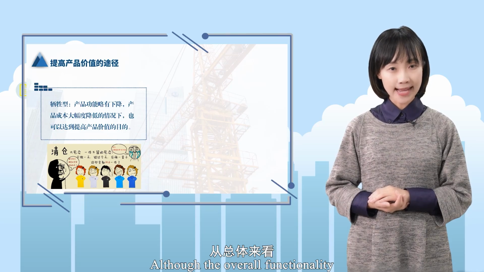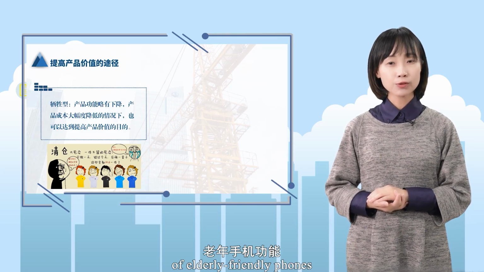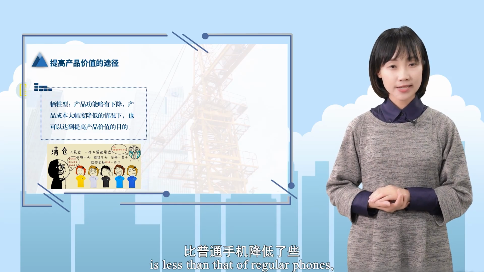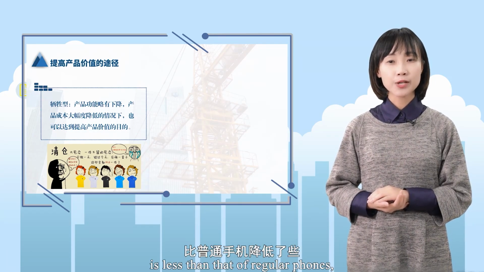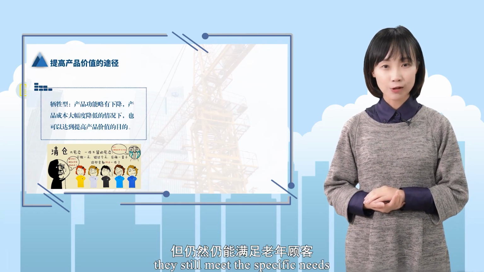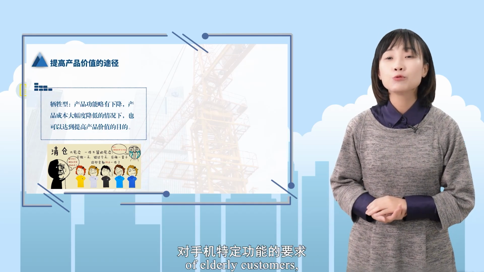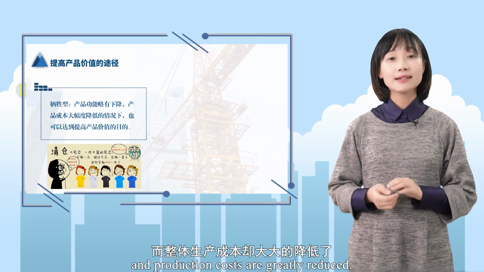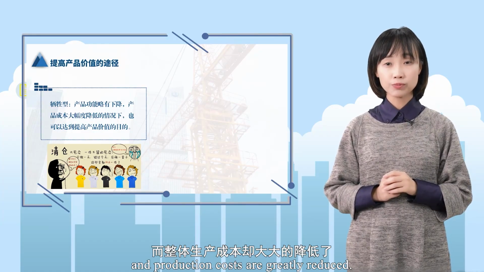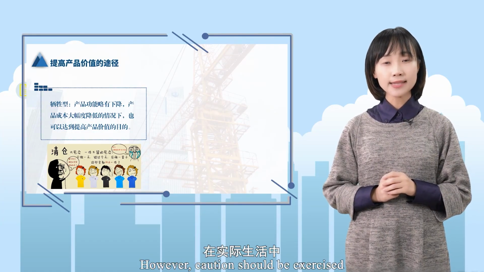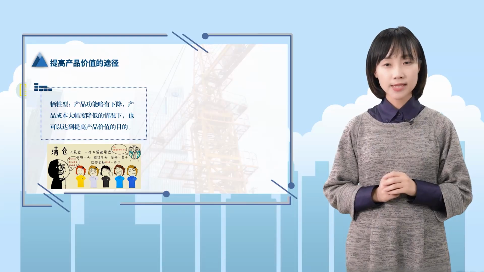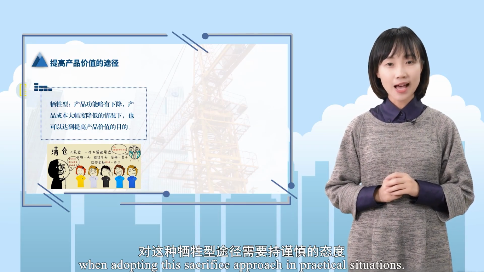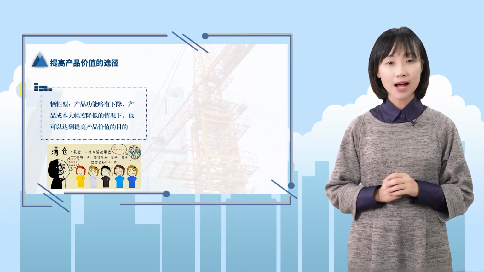Although the overall functionality of elderly-friendly phones is less than that of regular phones, they still meet the specific needs of elderly customers, and production costs are greatly reduced. However, caution should be exercised when adopting this sacrifice approach in practical situations.